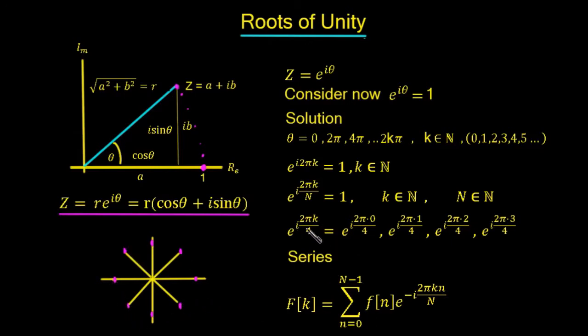So for example, if you were to take this e to the i 2 pi upon 4 and raise that to a power of 0, 1, 2, 3, 4, 5, 6, 7, and so forth, all the natural numbers, then every single one of them would be equivalent to a phasor of length 1, and they would sit on the circle, and in this instance they would just continually repeat. So we go from this one to that one, to that one, to that one, to this one, and that one, and so on and so forth.